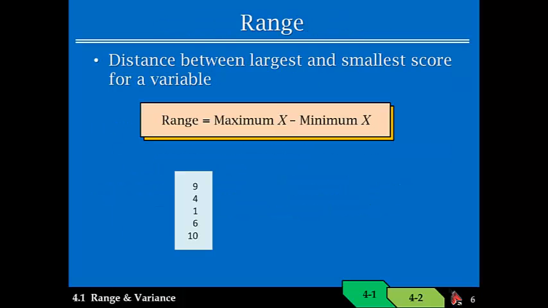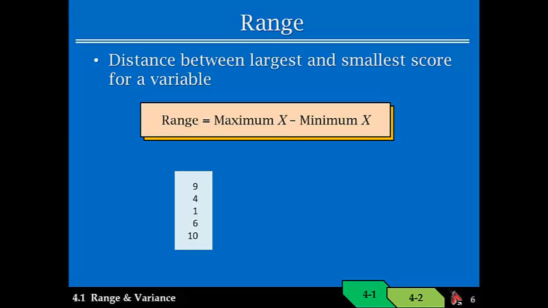So the first index of variability we're going to talk about is range. A range is simply defined as the distance between the largest and the smallest score for a given variable. So on the bottom left here, we have a data set with 5 different values, 9, 4, 1, 6, and 10.